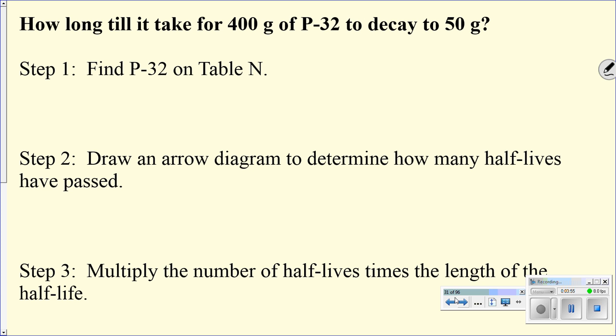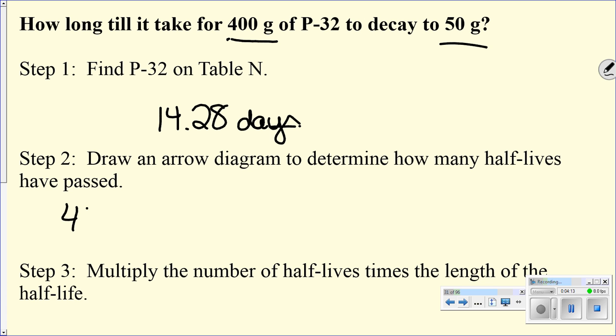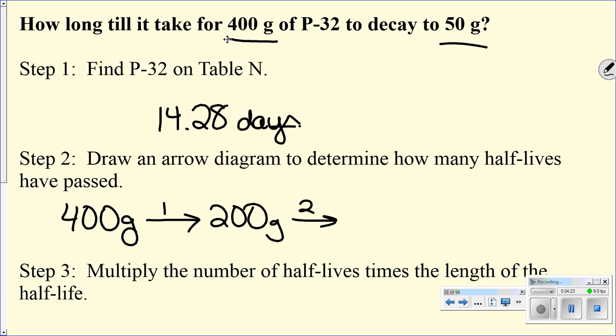How long will it take for 400 grams of P32 to decay to 50 grams? So I first find P32 with a half-life of 14.28 days. The approach on each of these is not exactly the same. It depends on what you're given. So I'm going to start by saying, if I started with 400 grams, how many half-lives would it take for me to get to 50? If I chop this in half 1 time, it's going to get me down to 200 grams. 2 times, it's going to get me down to 100 grams.